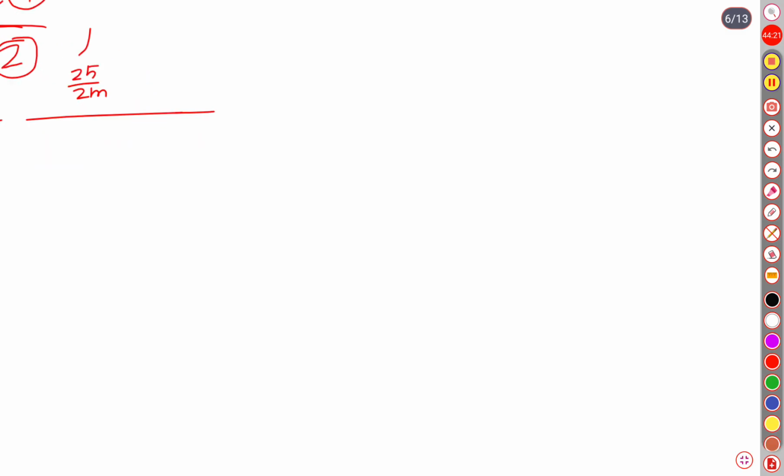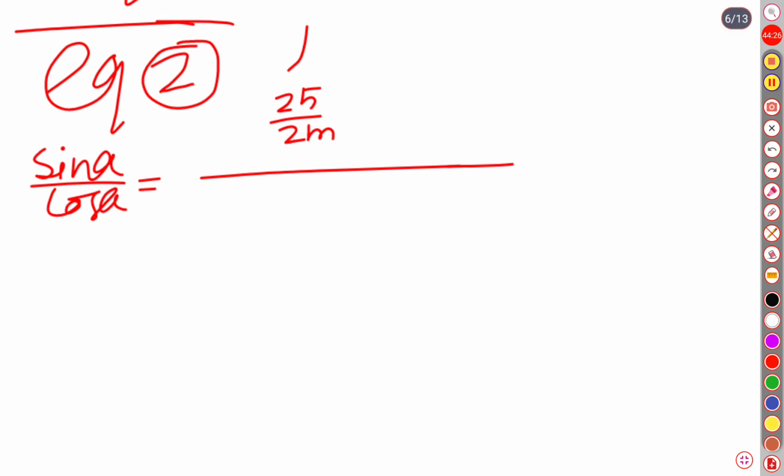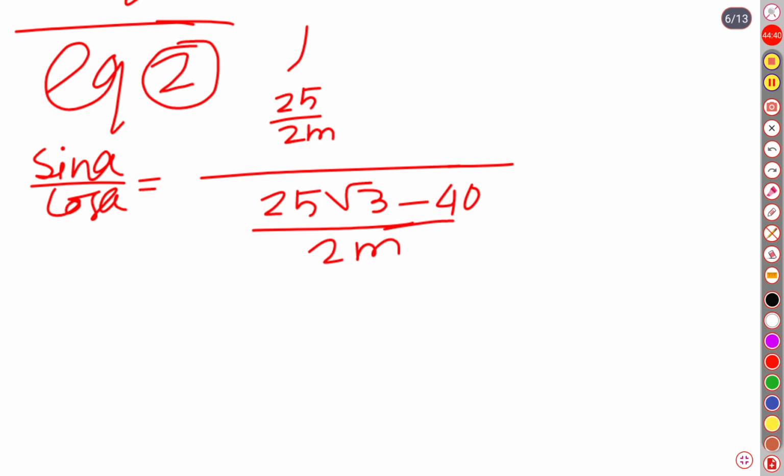So it is 25 root 3 minus 40 over 2m. Now look at this, both the 2m's are divisors, so they dissolve each other, and on the left side it is going to be tan alpha.